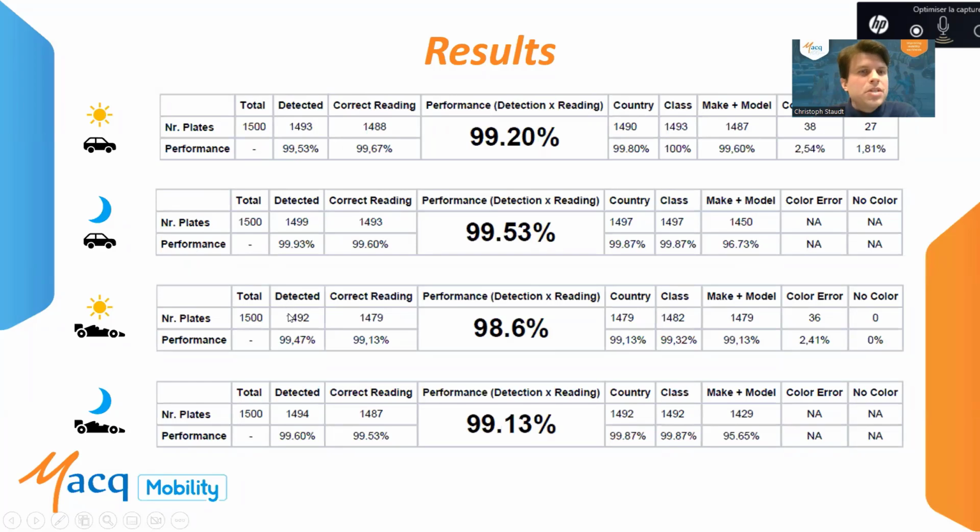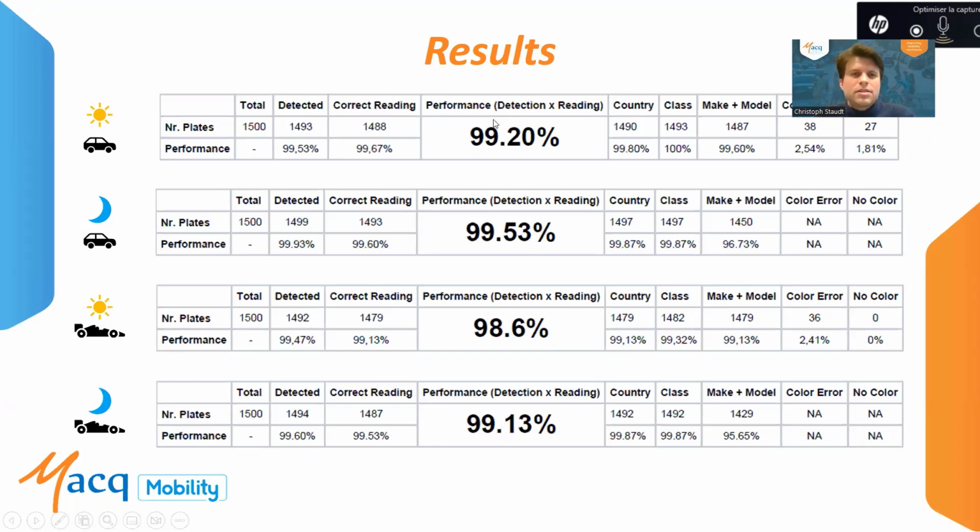So you see the column detected. What does it mean? It means that our camera is detecting the object, that means the vehicle, as an object. So there is, of course, already a certain performance rate only for the detection itself. Then once it's detected, we read the license plate, and there is a KPI which we call correct reading. That means, is it well read, what is on the license plate versus the reality. This performance KPI is in the column correct reading.